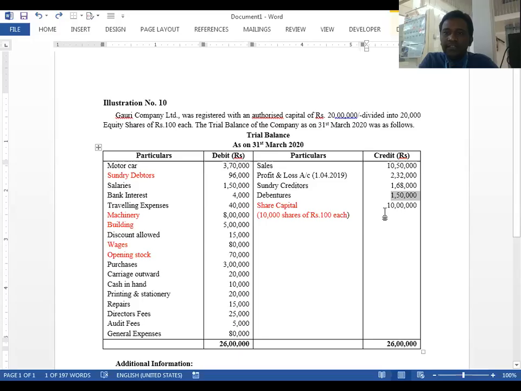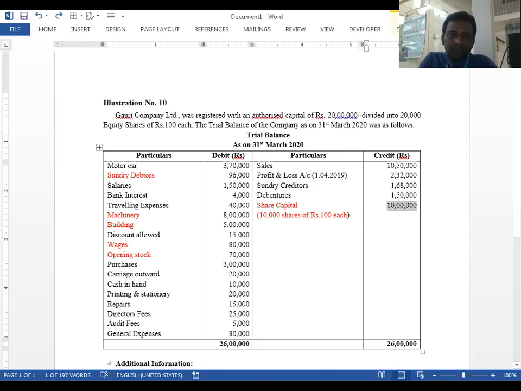Then share capital, it is the paid up capital. It is the issued and paid up capital. 10,000 shares of rupees 100 each. So 10,000 shares were issued by the company at rupees 100 each, and all the amount was received as share capital. So the same amount is treated as paid up capital.